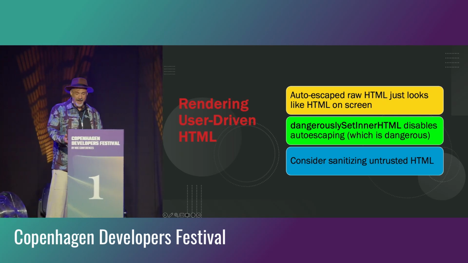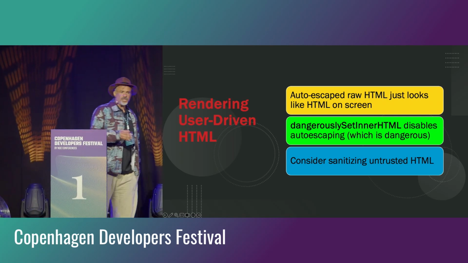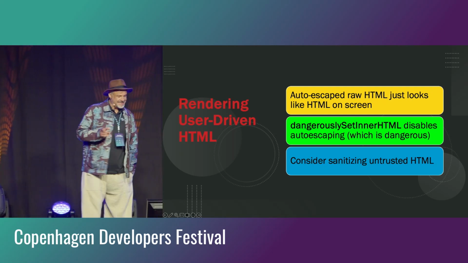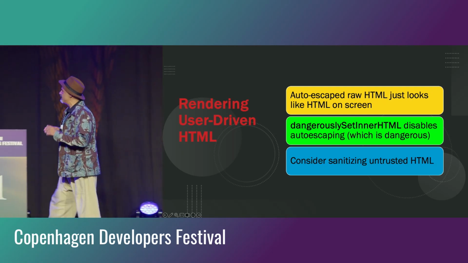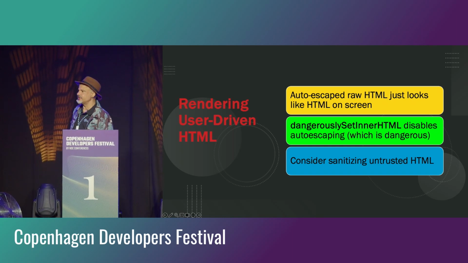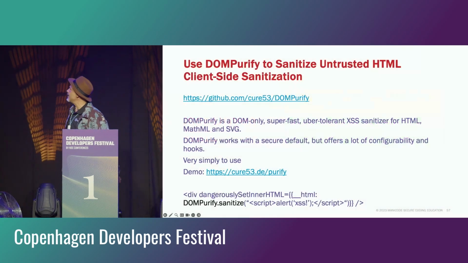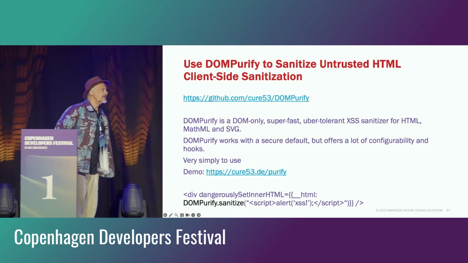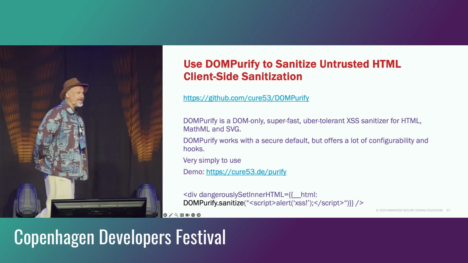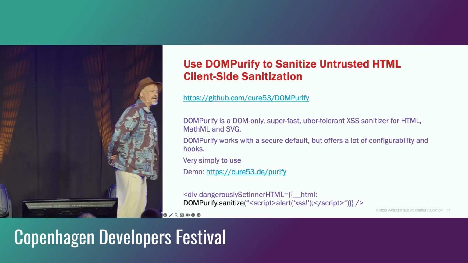So my rule is, if I'm going to use dangerouslySetInnerHTML, then I'm going to use a sanitizer. The main sanitizer in React is a library called DOMPurify. Like any third-party library, if you're going to use DOMPurify, keep it up to date.